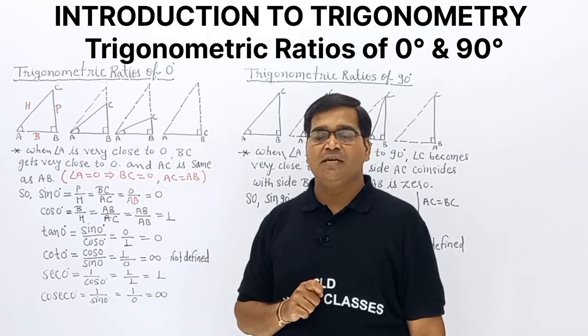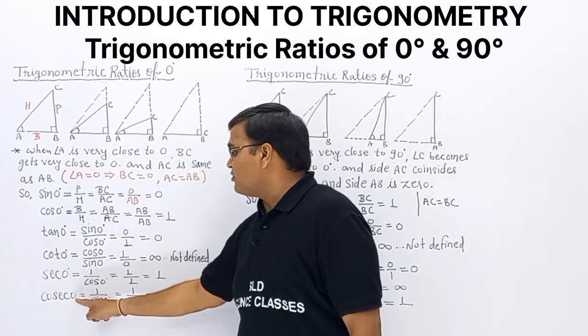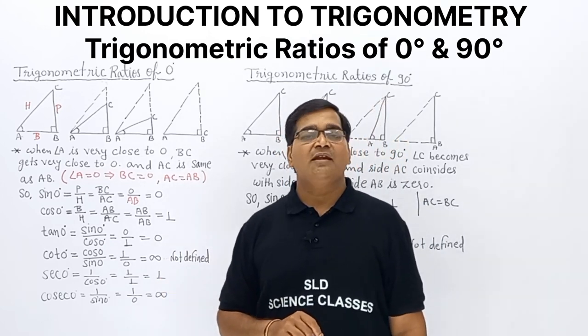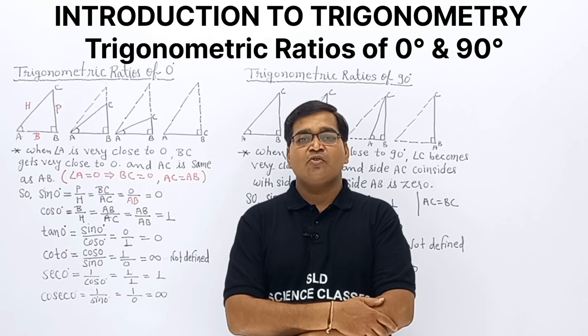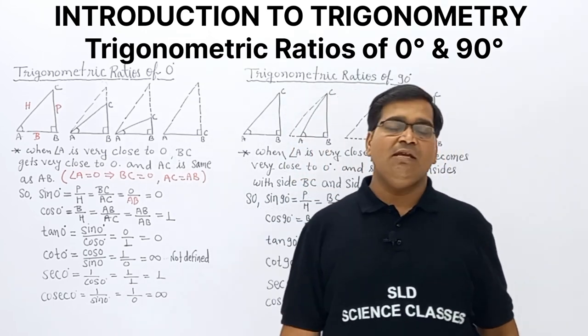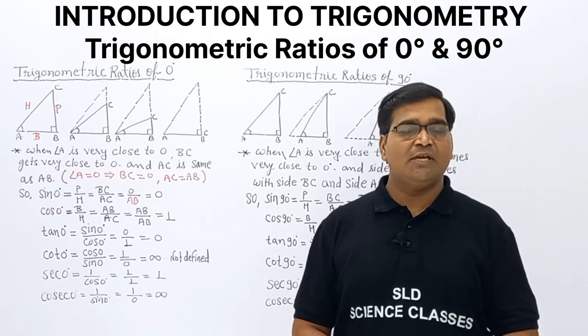So we get infinity. So for cot 0 and cosec 0, the result is infinity, not defined. Clear? So we have obtained the values of all the trigonometry ratios of 0 degree.